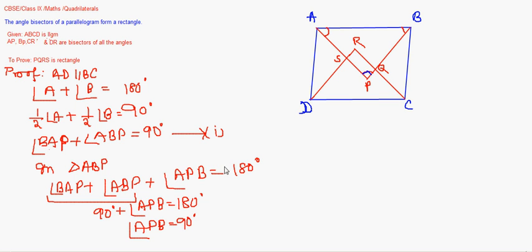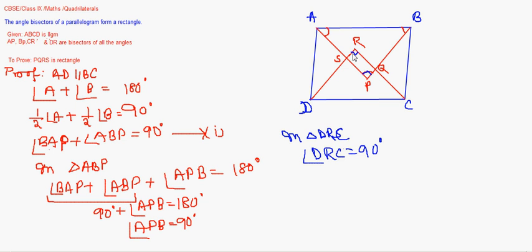We can do the same method on the opposite side and take triangle DRS. In triangle DRS also you can follow the same way of proving what we did in triangle APB. We do the same thing in DRS and prove angle DRC to be 90 degrees, right?